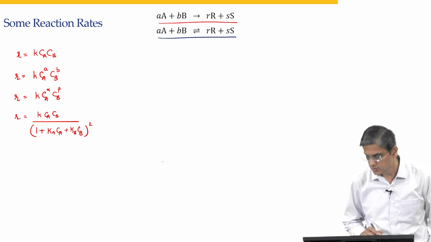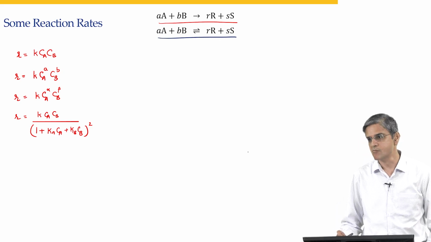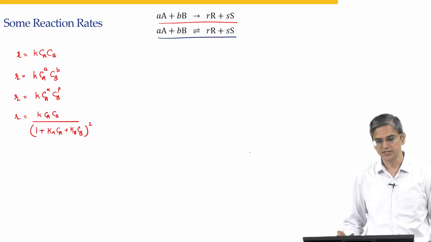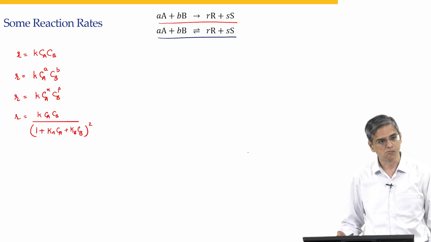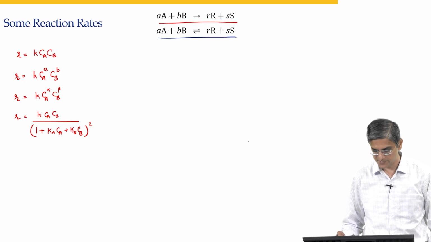What if it's a reversible reaction? How will I write this? Forward minus backward.